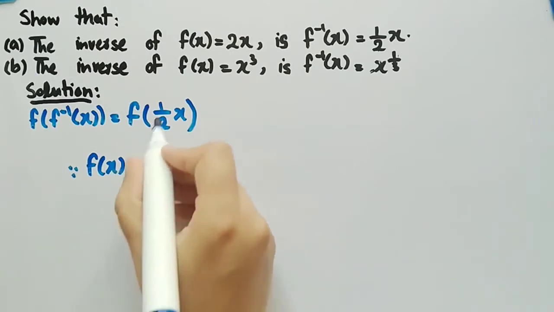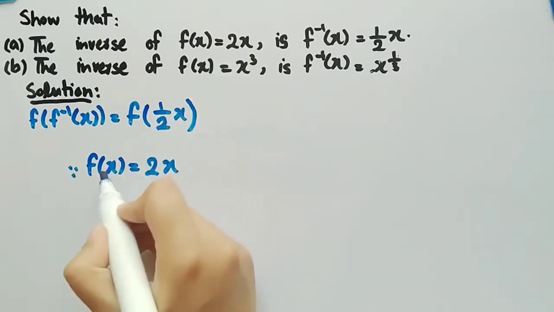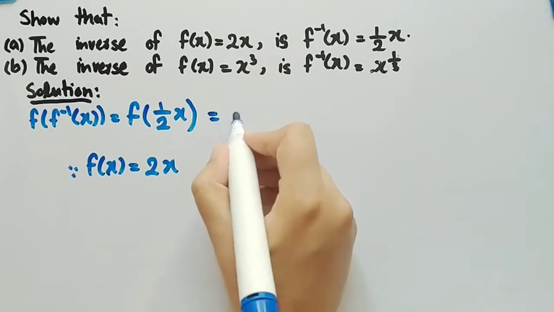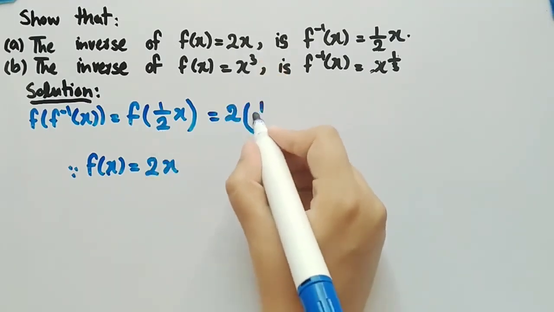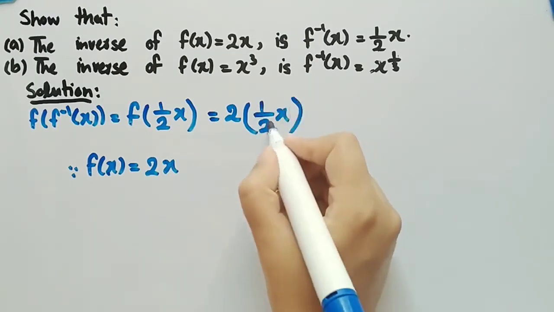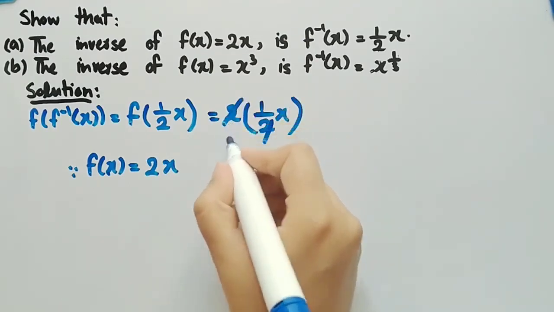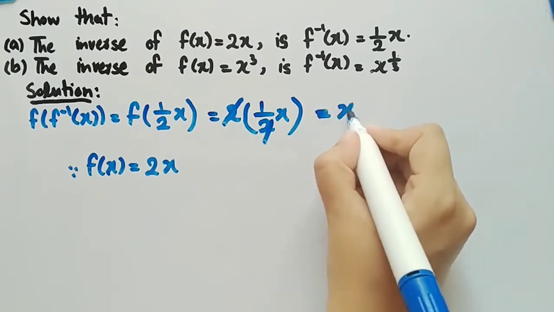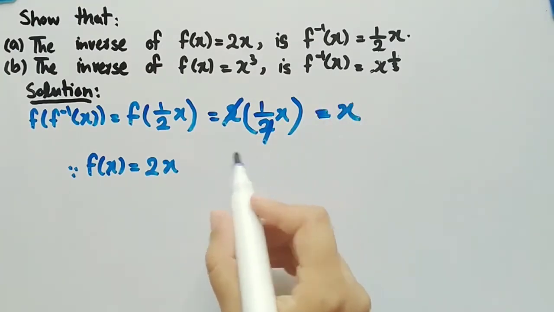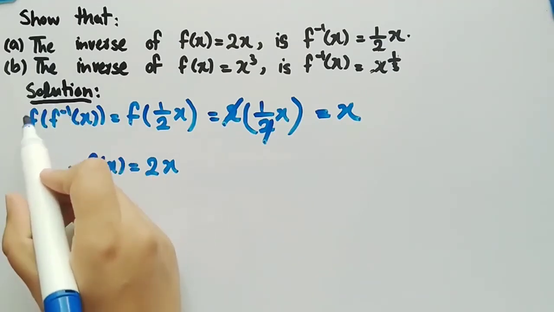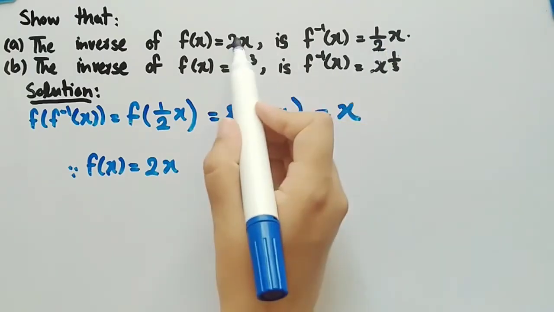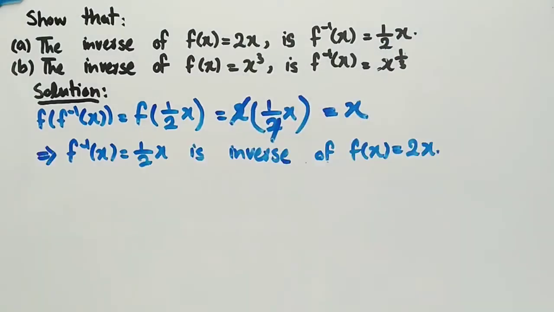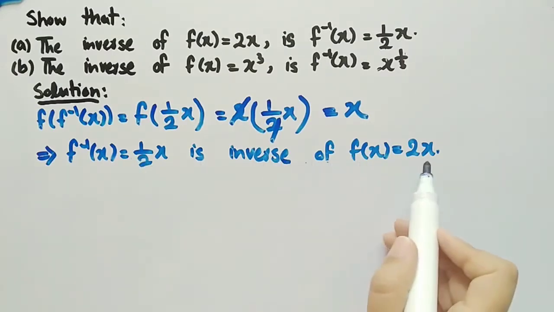So here we will replace x in f of x by 1/(2x), and we get 2 into 1/(2x). This 2 will be cancelled out by this one, and we are left with x. So we can say that f inverse of x is inverse of f. That is, 1/(2x) is inverse of 2x. Here we have shown that 1/(2x) is inverse of 2x.